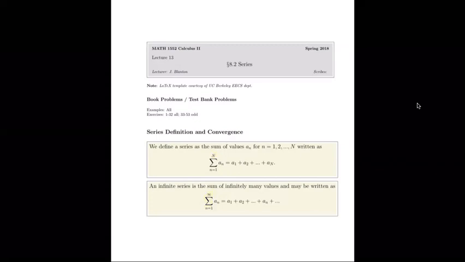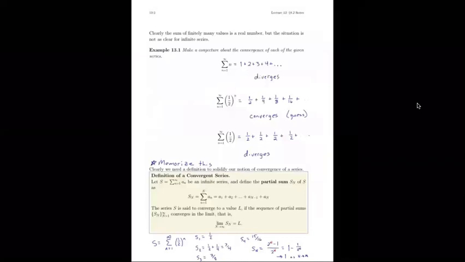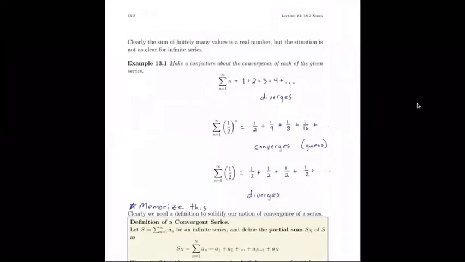So we'll get to the idea of convergence of one of these in just a moment. But first, let's make a conjecture about this. What we want to think about is whether or not we can add up infinitely many terms and come up with a real number, some finite amount. So clearly the sum of finitely many values is a real number.